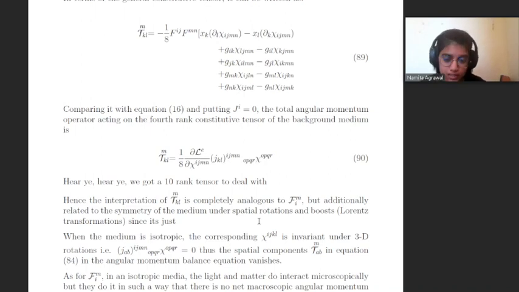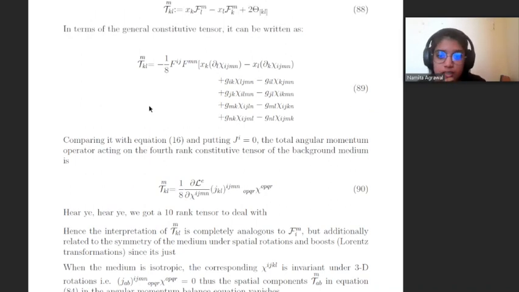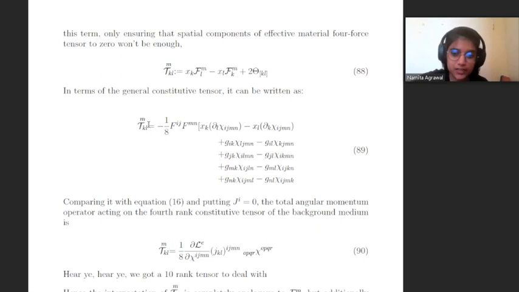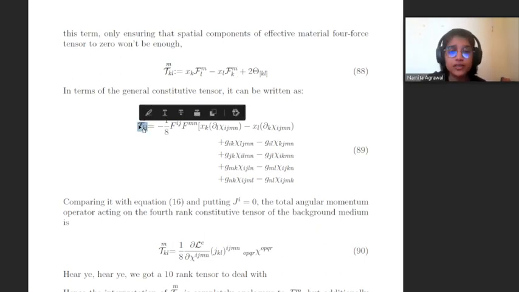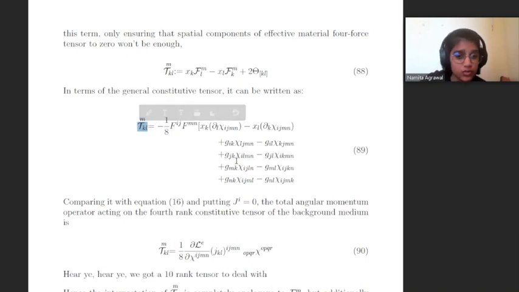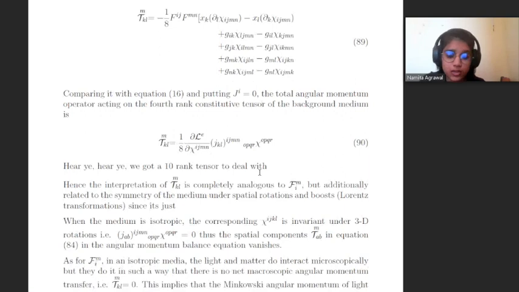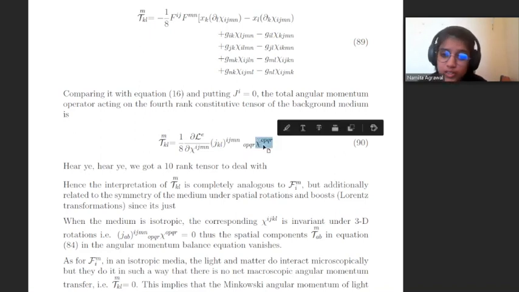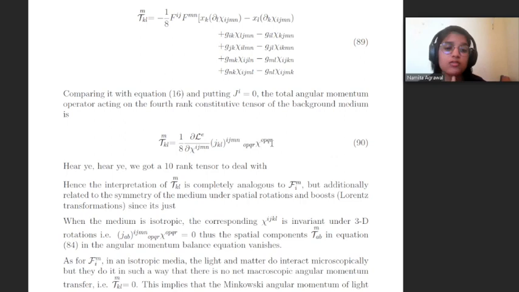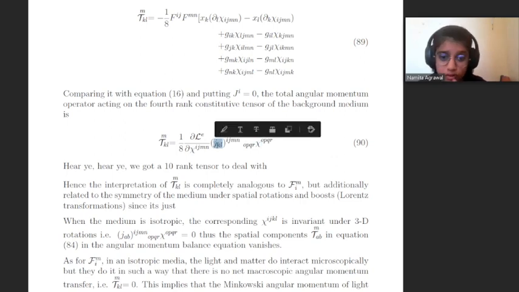And if you notice closely, it not only depends on the four tensor consideration, but it also depends on some term similar to the generator for angular momentum, but in this case, it's a rank 3 tensor. So in order to deal with this, I'll make some simplifications like going to an isotropic medium, considering Lorentz transformations such as boosts and rotations.